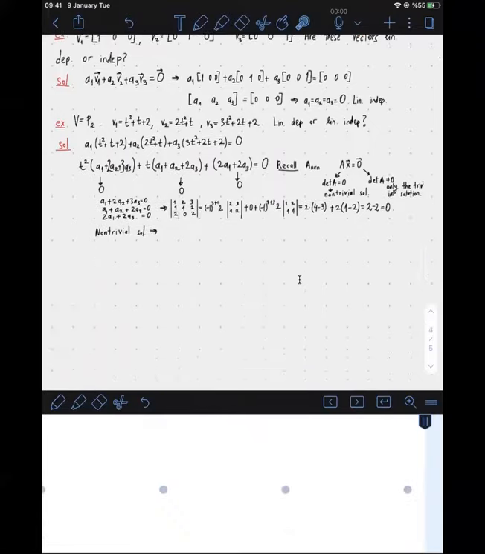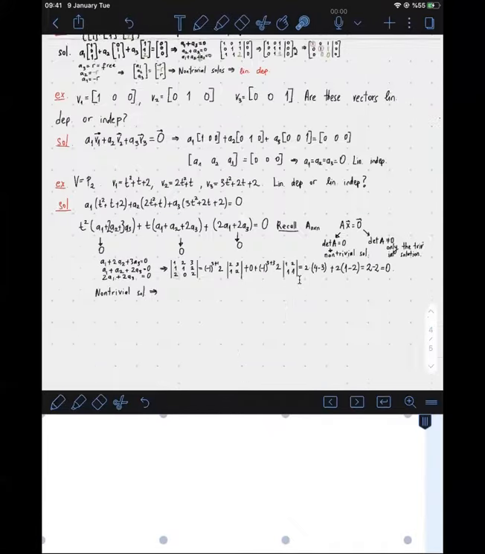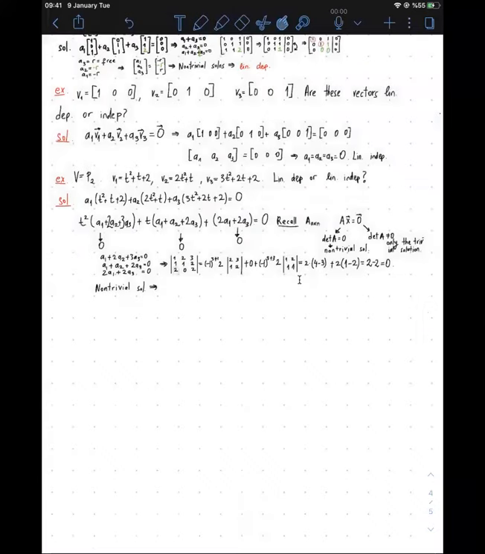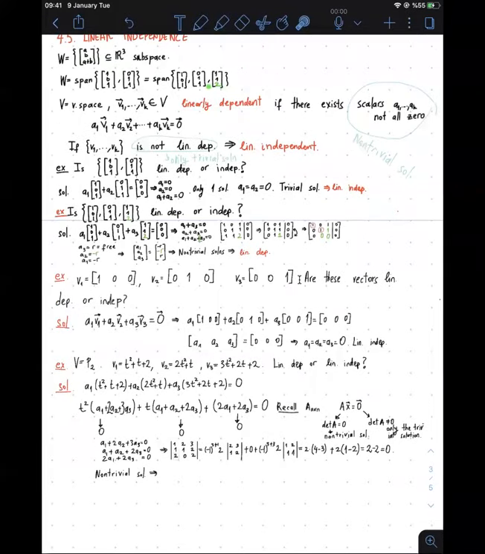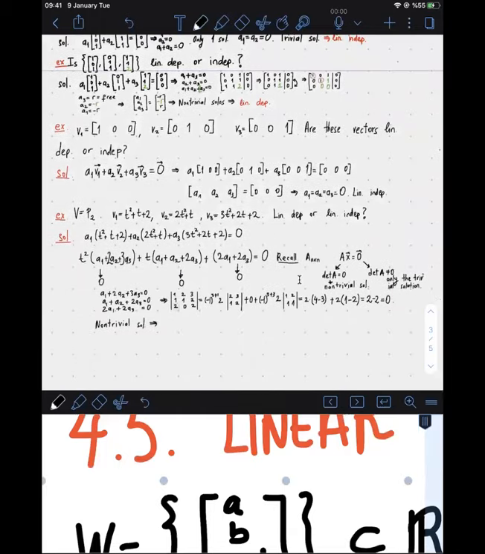Let's look at here. So if there are non-trivial solutions, then we have this. Oh, wait a minute. Okay, if we have non-trivial solutions, then we call these vectors linearly dependent, right? Yes, it is. Okay, so in this case, they are linearly dependent.